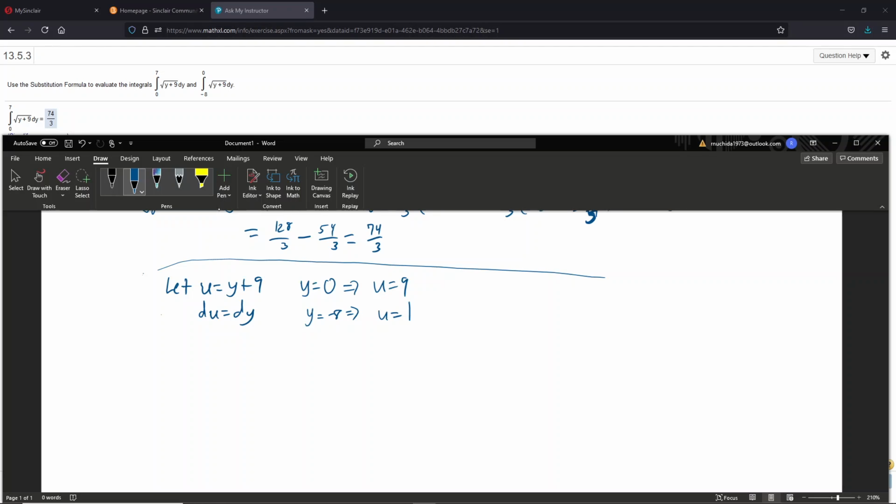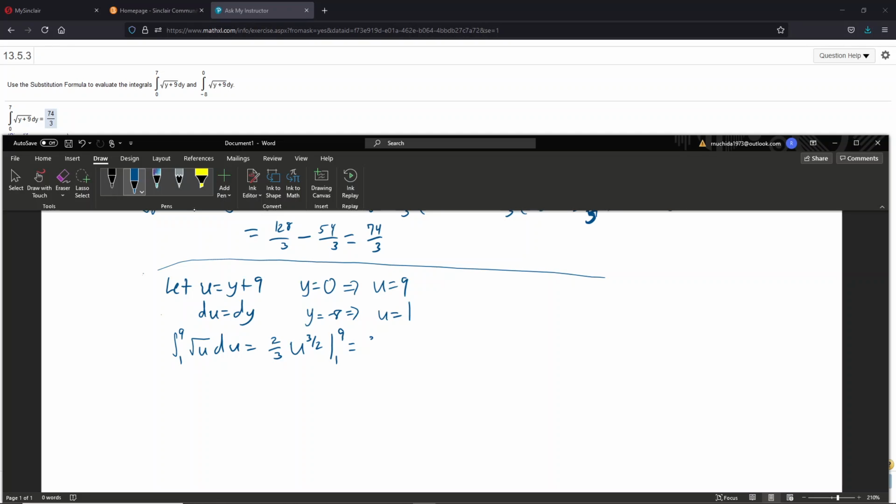So the integral from -8 to 0 of the square root of y plus 9 dy would be the same thing as the integral from 1 to 9 of the square root of u du. And the integral of the square root of u would be 2/3 u to the 3/2 from 1 to 9.